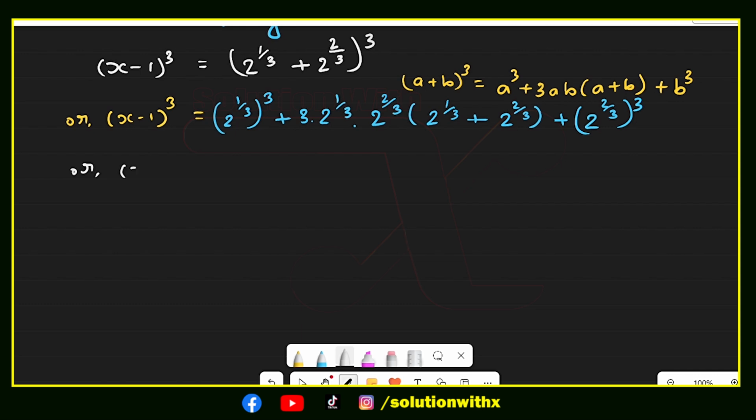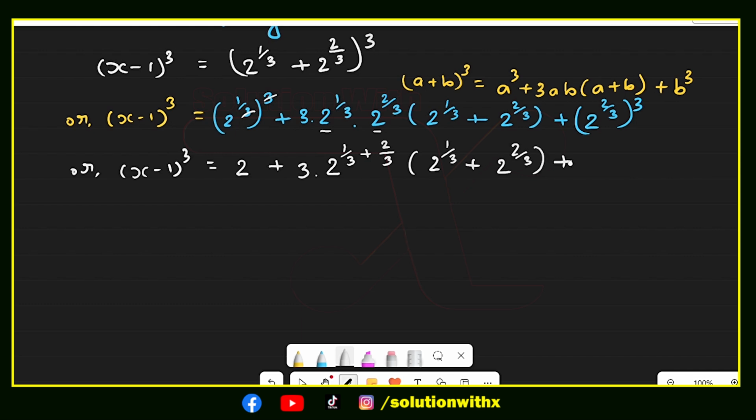Solving this, (yx minus 1) whole cube equals to, here 3 gets cancelled, so 2 is left. 3 times, 2 and 2 have the same base, so the powers can be added, (2 power 1 by 3 plus 2 power 2 by 3) plus, 3 gets cancelled, 2 power 2 is left.